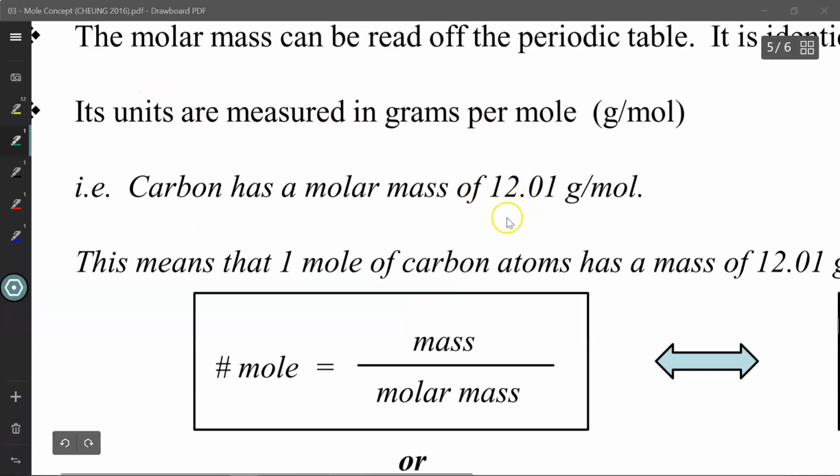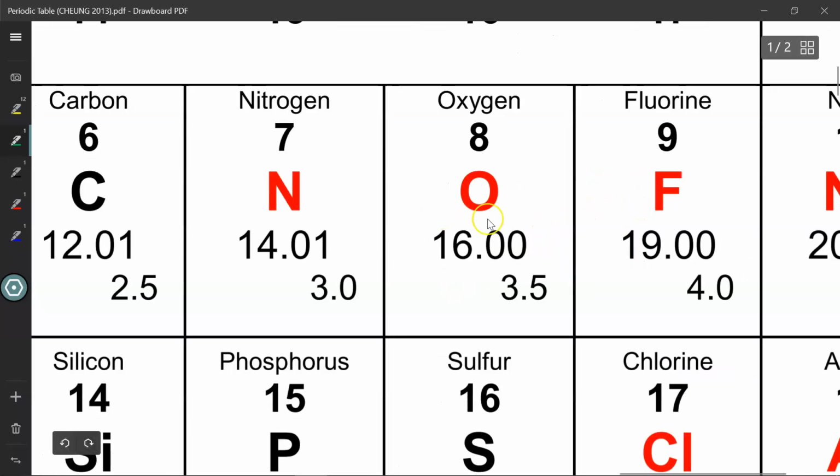Well, that's what the molar mass is. It's a conversion factor that allows us to convert from moles into grams. Grams I understand. Grams I can measure out and see with my own eyes. Moles, on the other hand, I can't. Now, the molar mass can be found on the periodic table for any element. Essentially, the atomic mass is the molar mass. Instead of using the atomic mass unit, we can now say grams per mole.